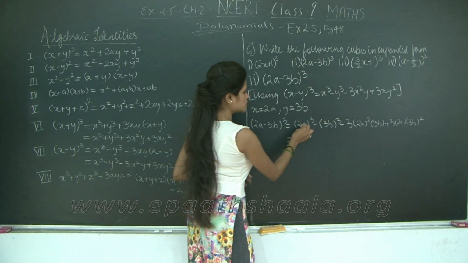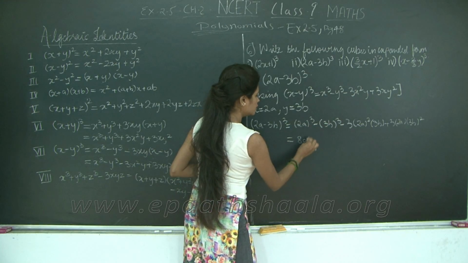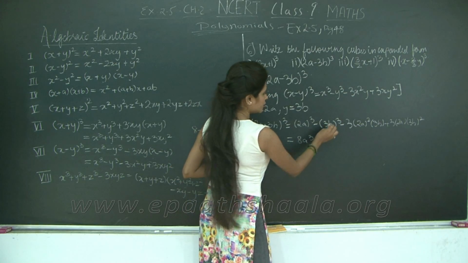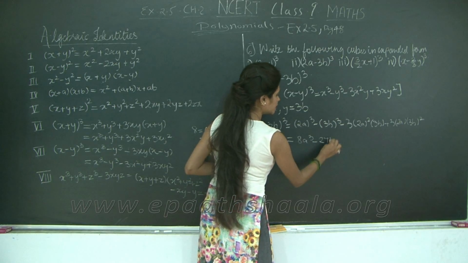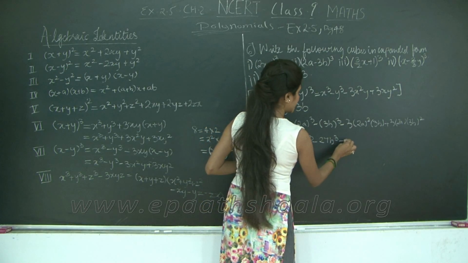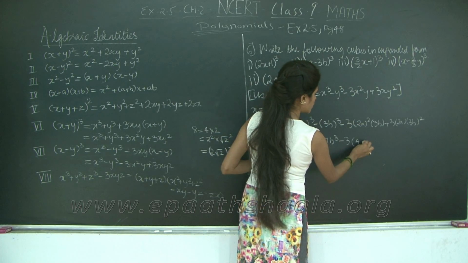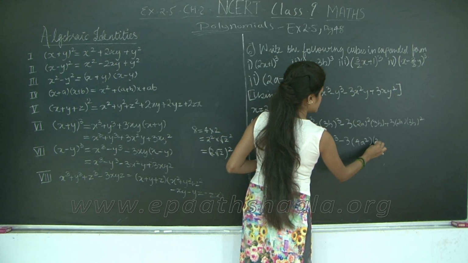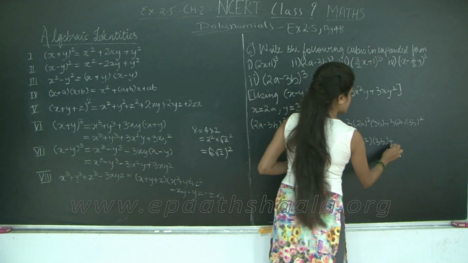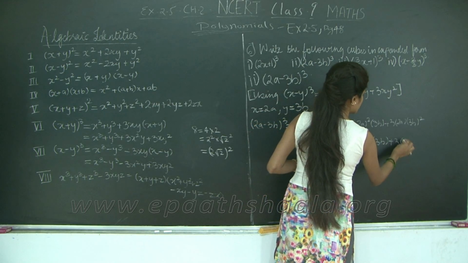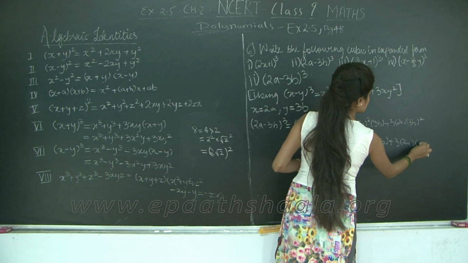Let's further expand this. 2a cube will give me 8a cube minus 3b cube is going to give me 27b cube plus minus 3. So 3, this is 4a square into 3b plus 3 into 2a into 9b square.